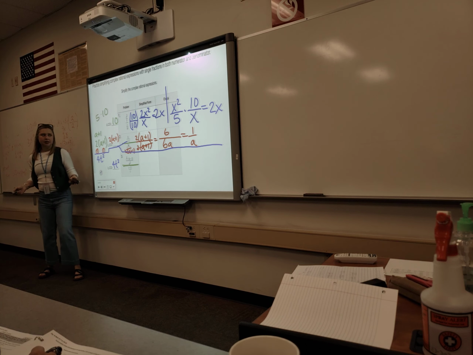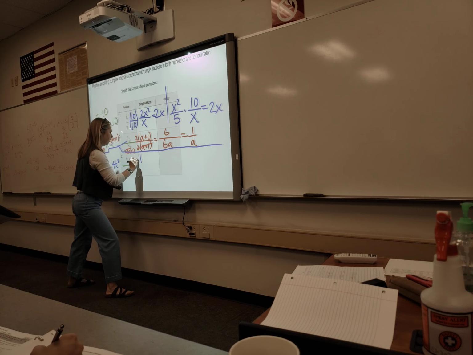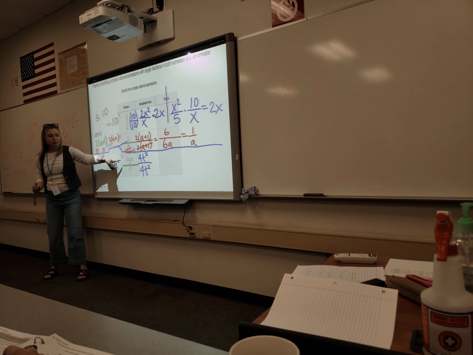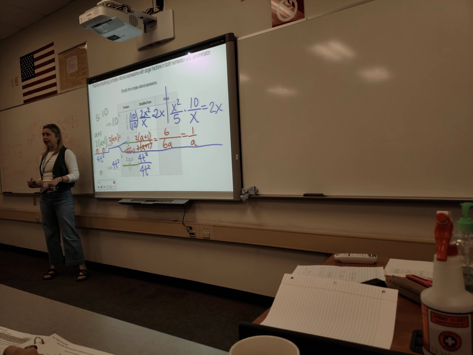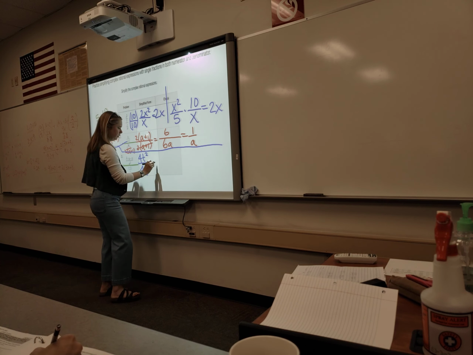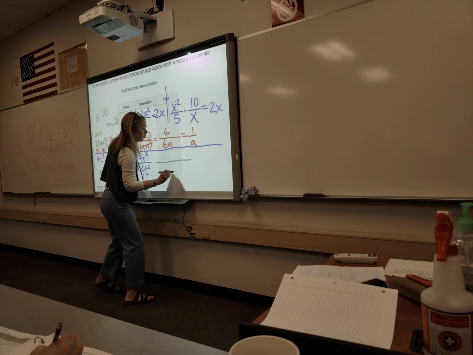In other words, when we multiply by our LCD up top and our LCD on the bottom, these fractions are going to go away. Those denominators will get canceled out, which is the whole point. Let's multiply our new numerator.